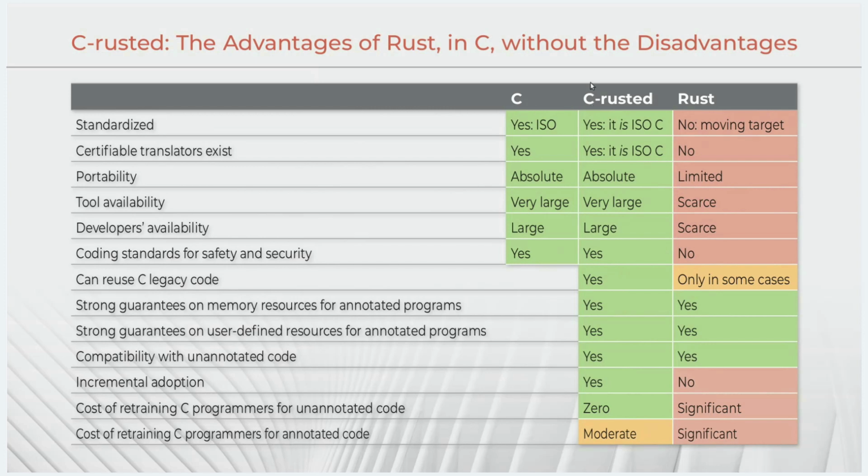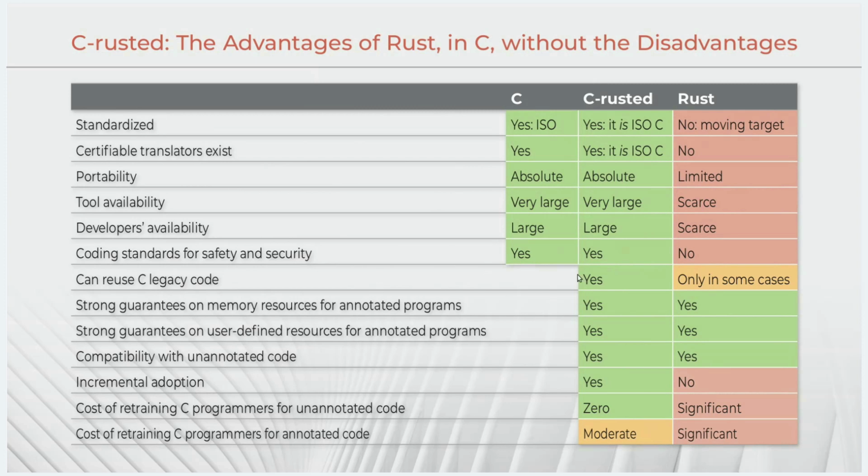There exist certifiable compilers for C rusted exactly as they are available for C. It's portable exactly as C, and there is a large availability of tools and developers. Our coding standard for safety and security, MISRA C, for example, is applicable to C rusted exactly as it is applicable to C. And in fact, there is also a quite nice synergy between MISRA C and C rusted.